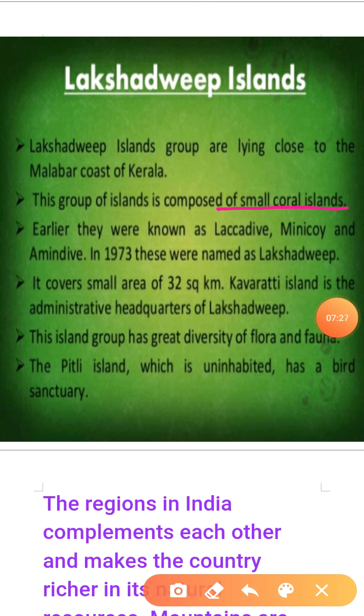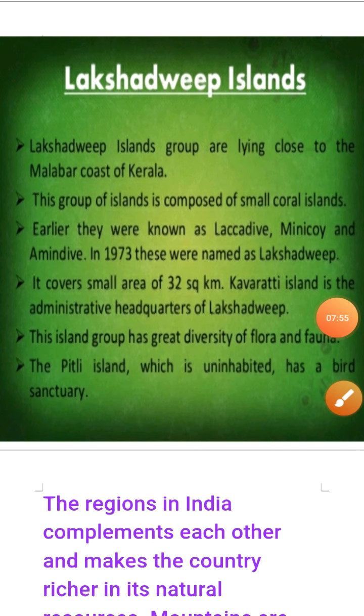Earlier they were known as Laccadive, Minicoy and Amindivi. In 1973 they were named Lakshadweep. It covers a small area of only 32 square kilometers. Kavaratti Island is the administrative headquarters of the Lakshadweep, so we can say Kavaratti is the capital of this area.